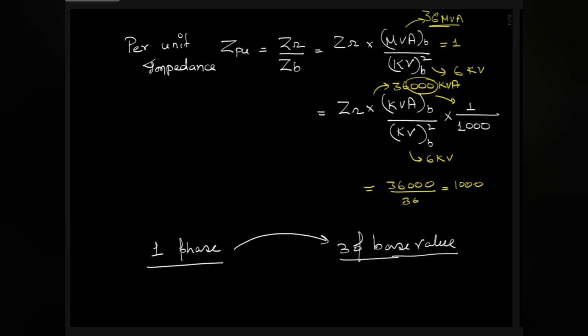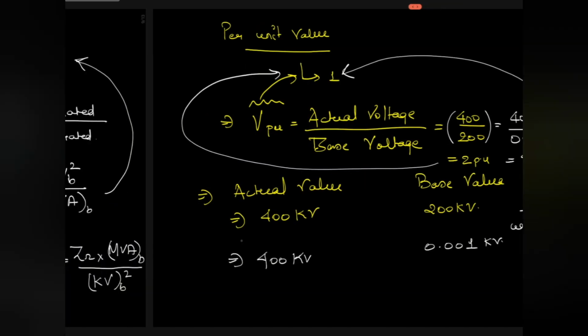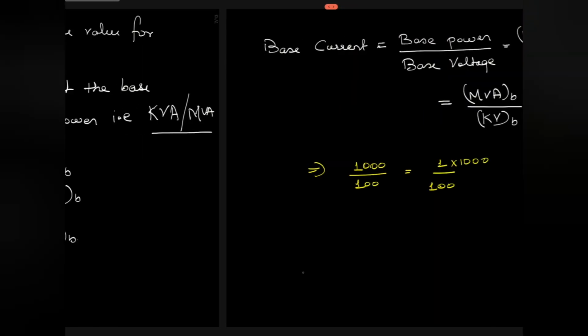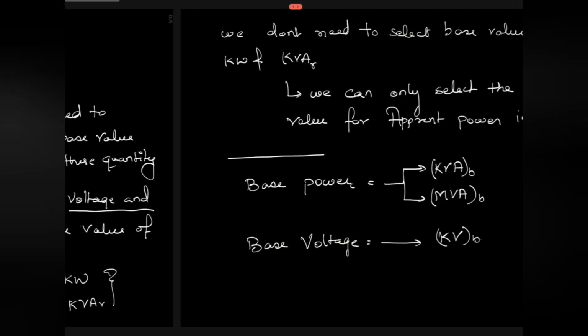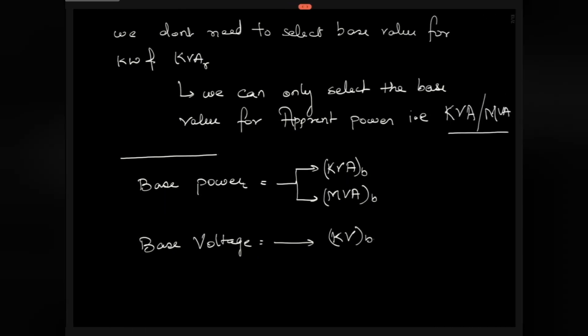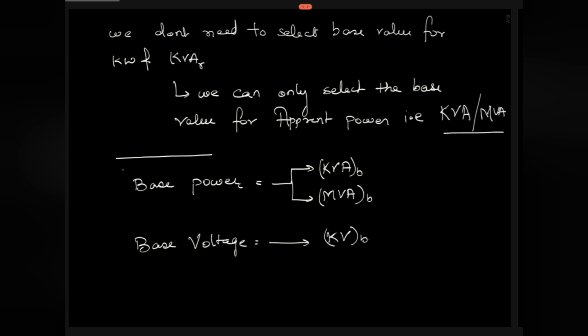Later we need to convert this value into 3 phase. Whatever base value we are taking, we need to convert those values in 3 phase. Okay, so this value is actually referred to single phase system.